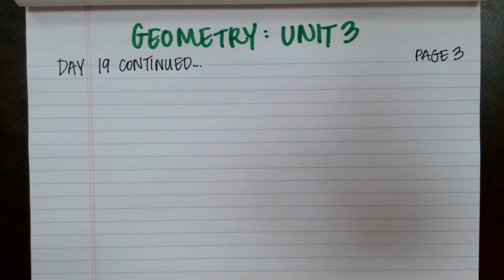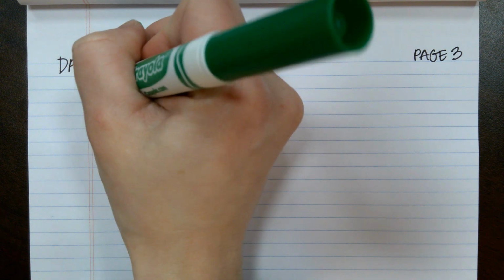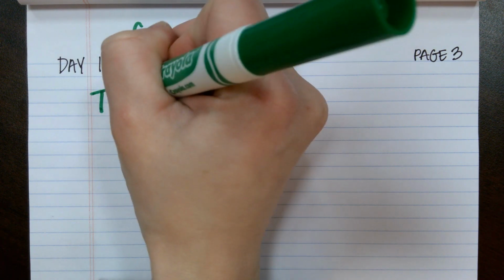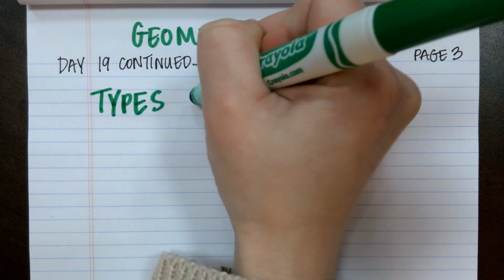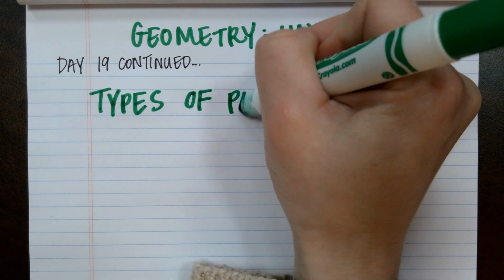We learned about parallelograms. A parallelogram is a type of quadrilateral, but now we're going to go even deeper into the quadrilaterals and the parallelograms. And I'm going to give you 3 types of parallelograms. It's going even further. So I'm going to title this page Types of Parallelograms.